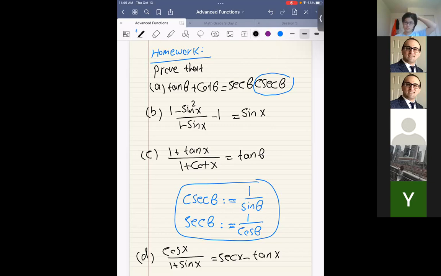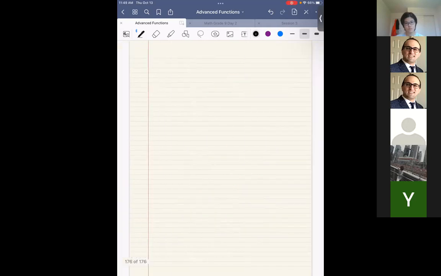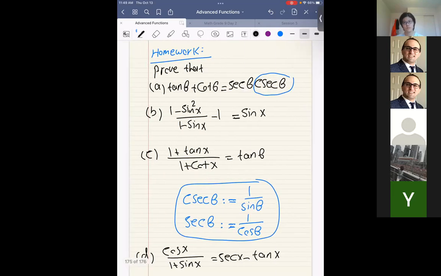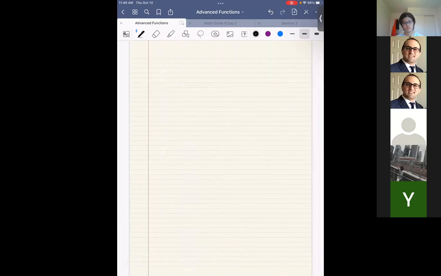So prove these identities. Okay, that's your homework. You don't have to do it now, but you have to do it today. And please hand in your homework tomorrow.